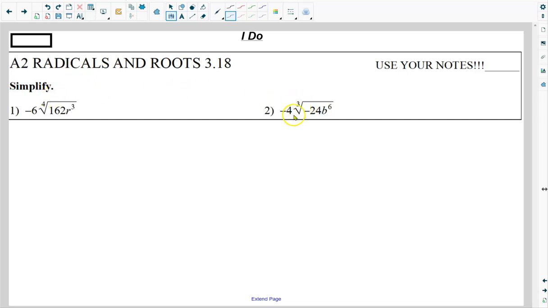So anyways, let's go ahead and break up this radicand over here. Okay, so negative 24. Right. Check this out. Actually, I should do this. The negative, because of the index 3.